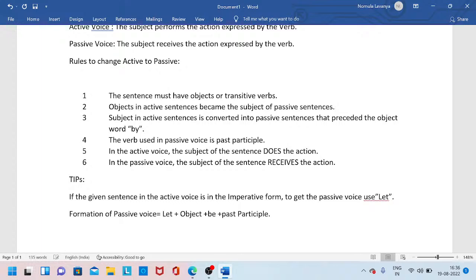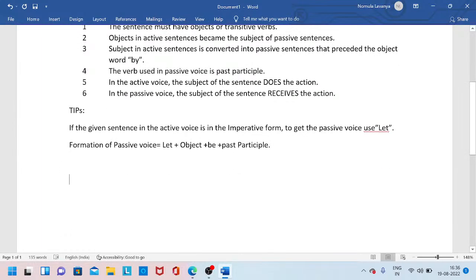Let us see some examples. So active voice, like "help me," and passive voice.